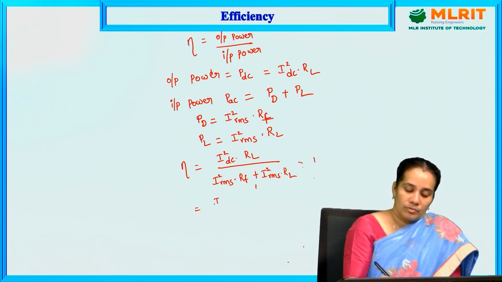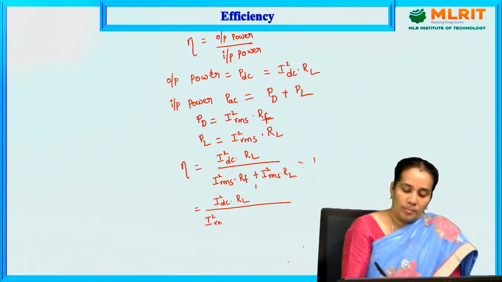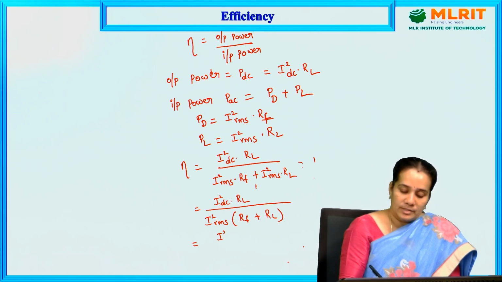Then it is equal to I square DC into RL by I square RMS. If you take the common term as I square RMS, then what is the value? RF plus RL. If you take RL as common, then what is that value?